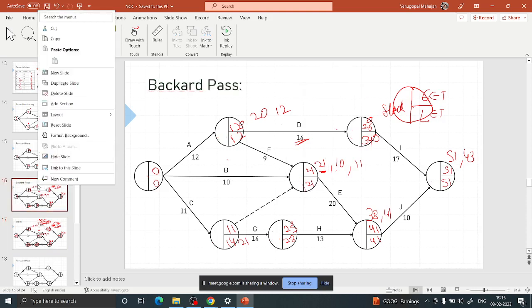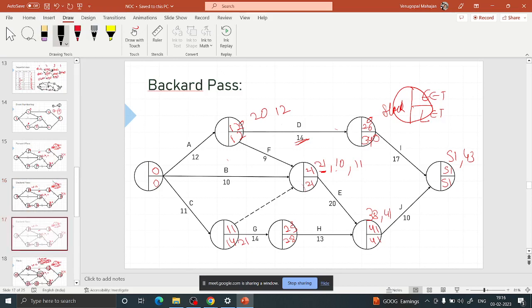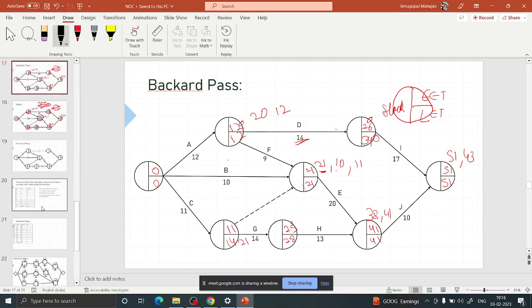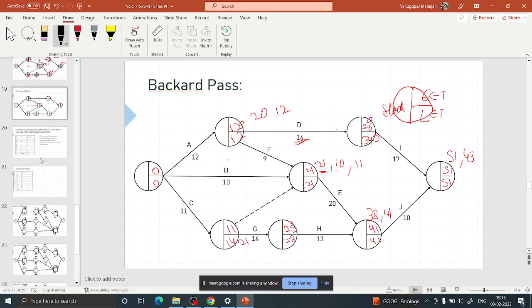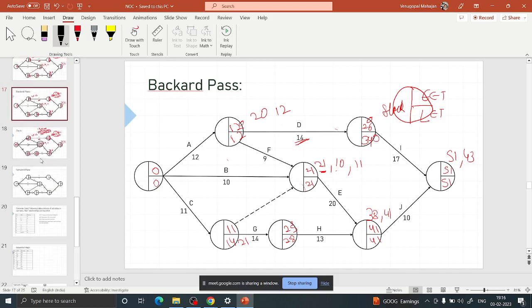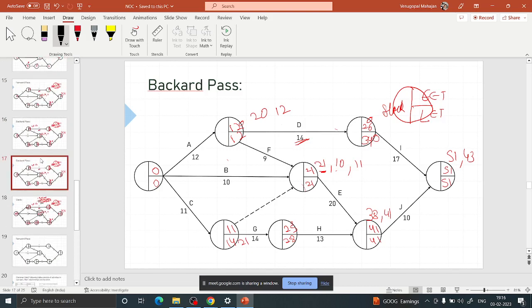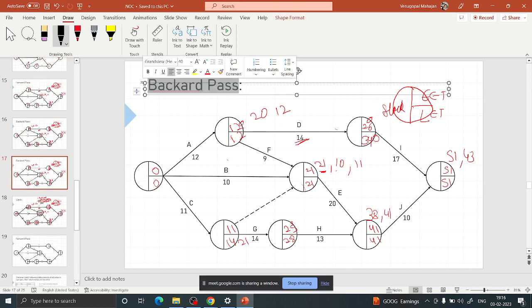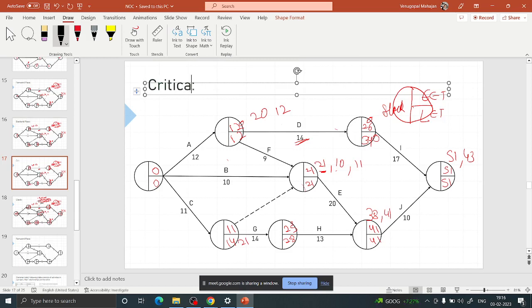Okay, now we talked about critical path also, right? Anybody who has solved it in copy, can you tell me what is the critical path here? Yes, sir. The critical path will be A, F, E, J. Wait a minute. A, F, E, and J. Yes, sir. Okay.